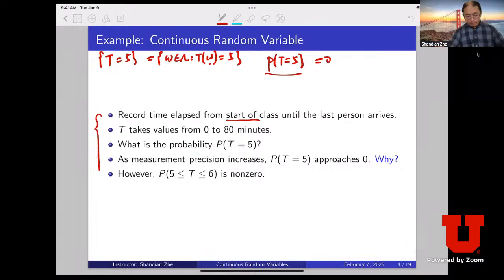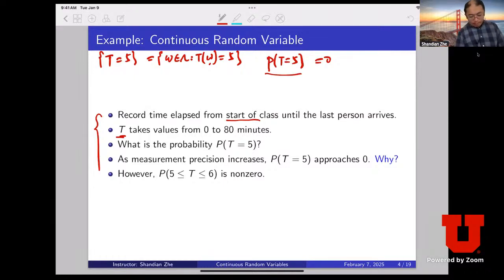You start from the class, and maybe the last person arrives at 0 minutes from the start. That's very good, but usually it's not possible. After 80 minutes, the class has already ended, so the last person arriving won't be later than 80 minutes. So it gives a range of t.